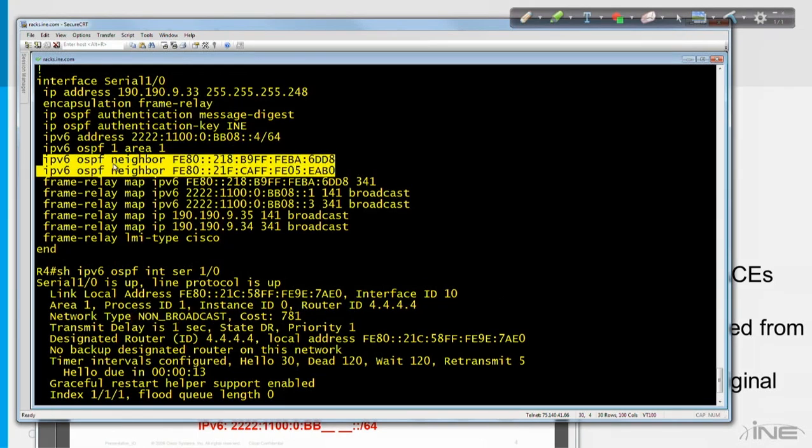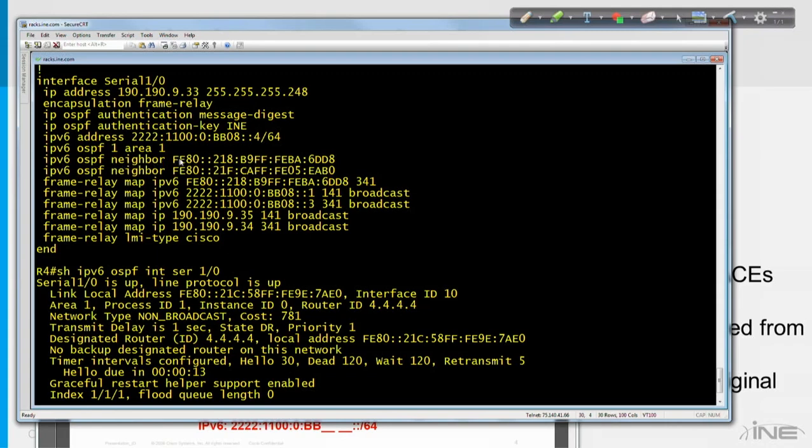Well, we did have our OSPF neighbor statements, but what we were missing was Frame Relay saying, how do I get to that neighbor? I have no idea what DLCI number to use to reach these link local addresses. So I had to add in a Frame Relay map to reach that DLCI.